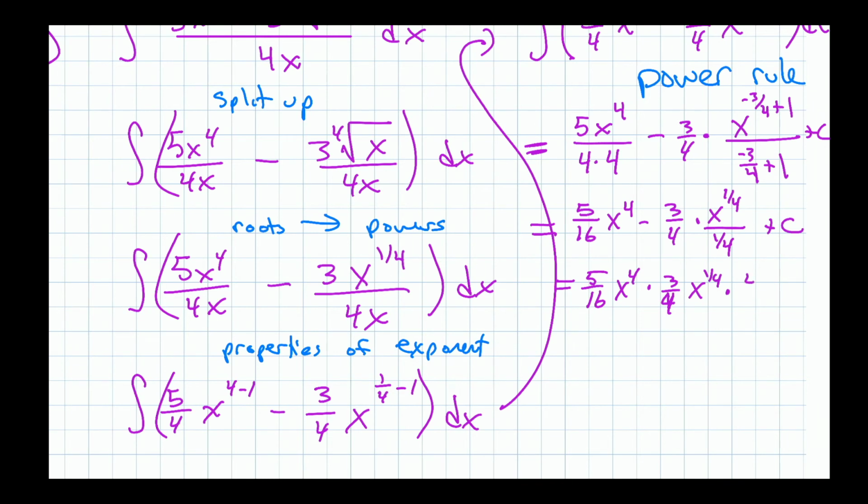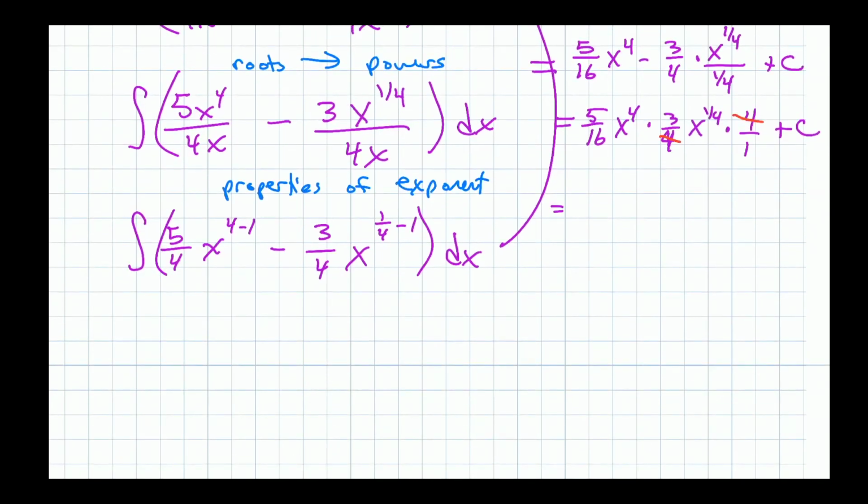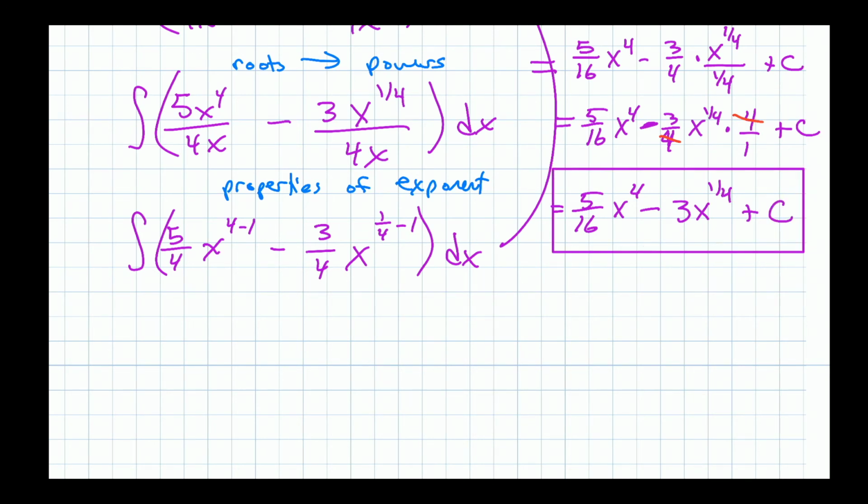Dividing by 1/4 is multiplying by 4 over 1. There's going to be some 4's that cancel, and it looks like we're going to have 5/16 x to the 4th minus just 3x to the 1/4, right? Because the 4 is canceled. So like that.